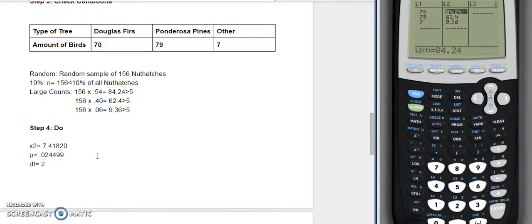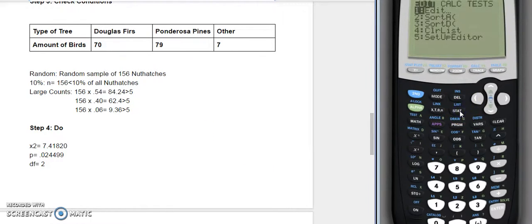Step 4 in a chi-square goodness of fit test is to complete the problem using your calculator. First, we're going to click on Stat. From there, we're going to click on Edit. In List 1, we're going to state our observed values.